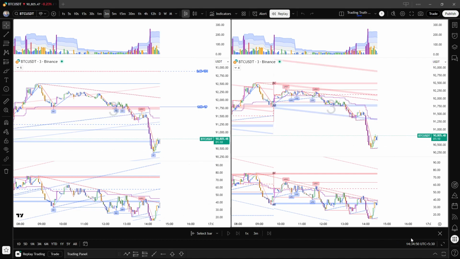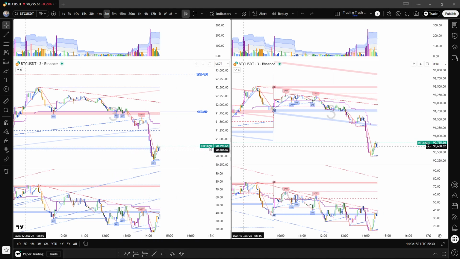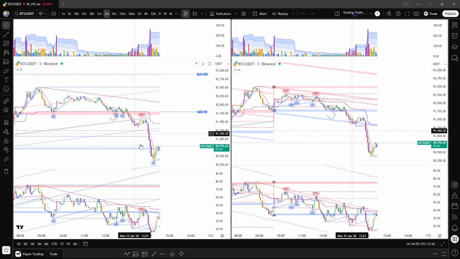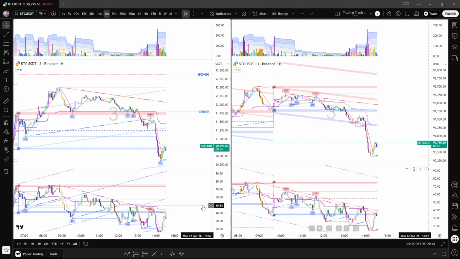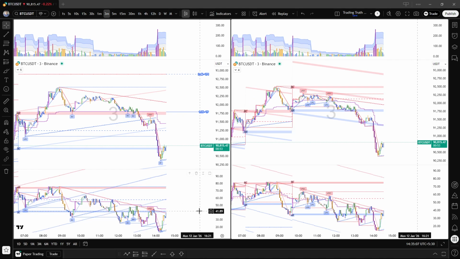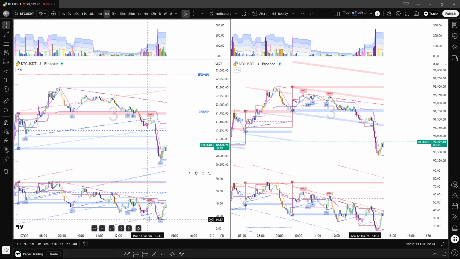Okay, so this is where we are now, right? It's making a spring here. So yeah, we can take a trade here for the scalping, 3 minutes. And if we want to be cautious, first of all, it's hitting this support.